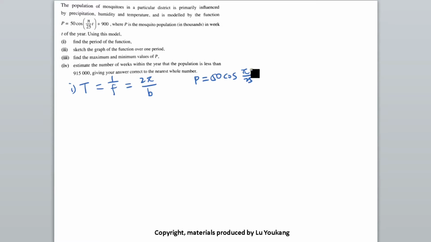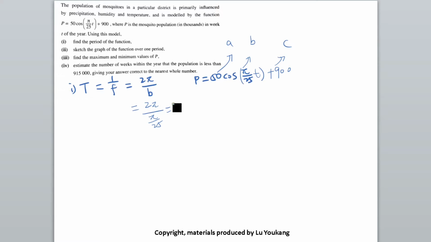The cosine function is P equals 50 cosine bracket pi over 25t plus 900. So in this cosine function, your A is 50, your B is pi over 25, and your C is 900. And therefore, sub in my B into 2 pi over B, which gives me 2 pi over pi over 25.